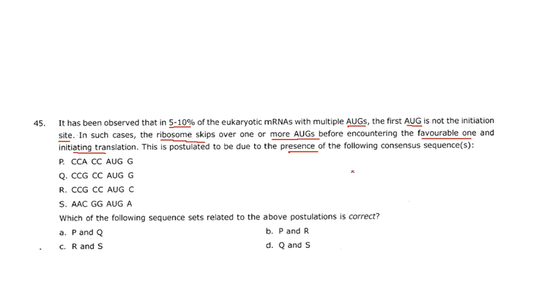For initiation, the ribosome will find the first AUG in the consensus sequence. If it's about eukaryotic mRNA, they look for Kozak sequences.